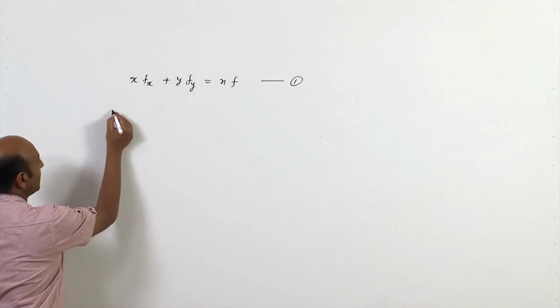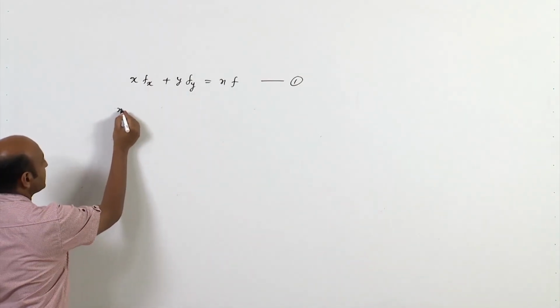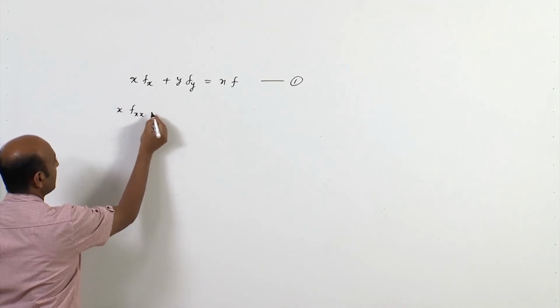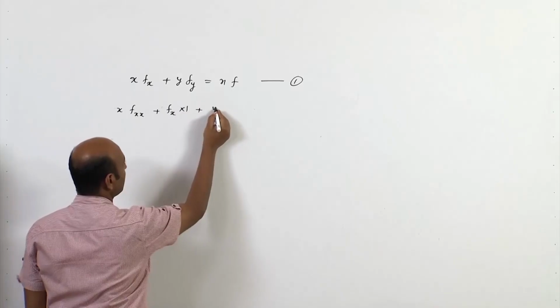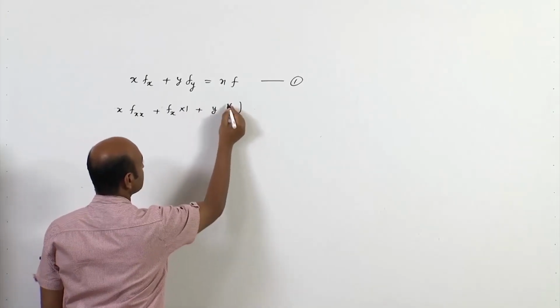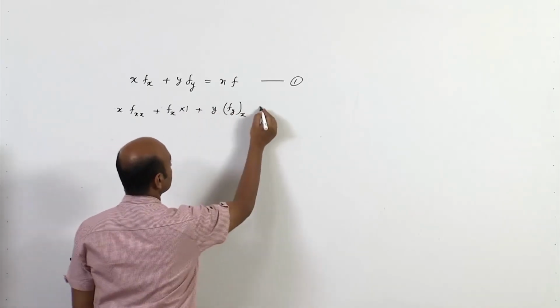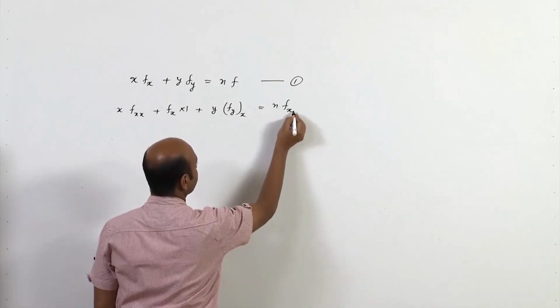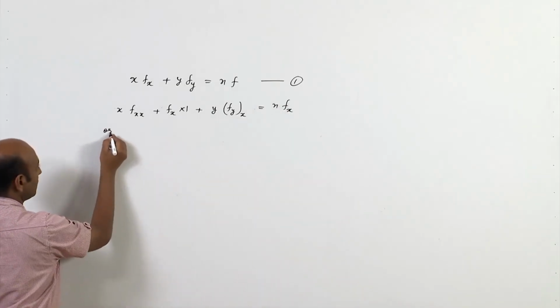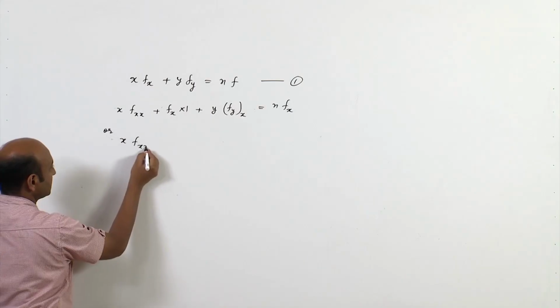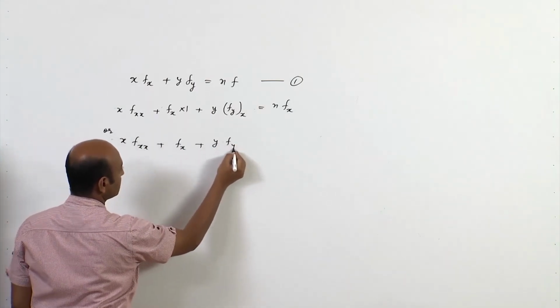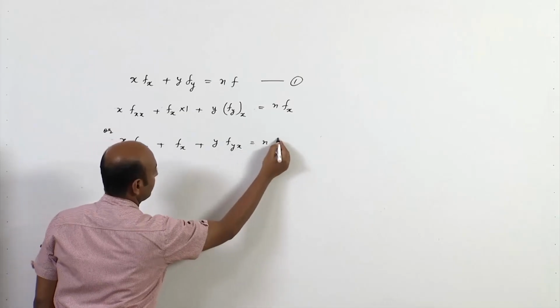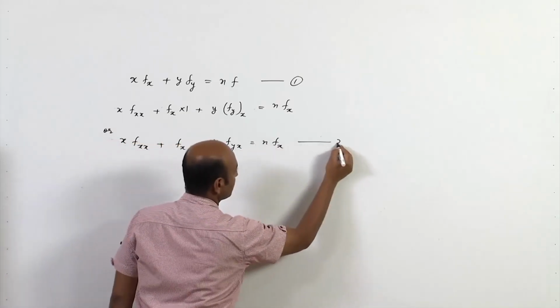What we obtain is first as it is, derivative of second, plus second as it is, derivative of first, plus y into f y x is equal to n of f x, which is x f x x plus f x plus y f y x is equal to n f. So, this is say second equation.